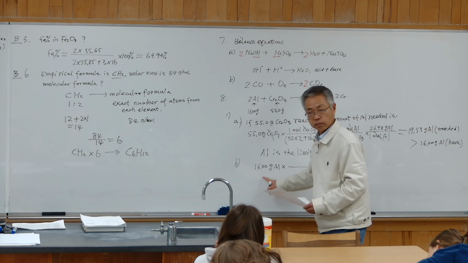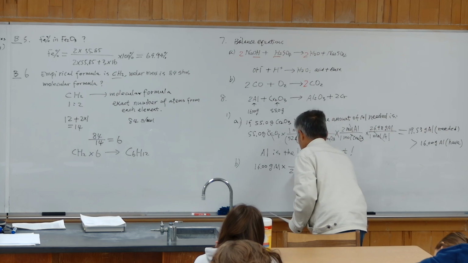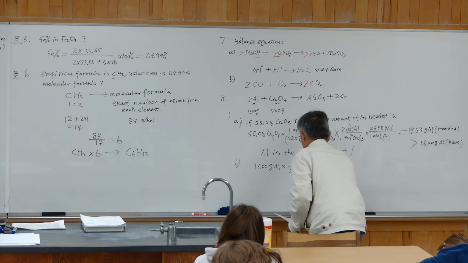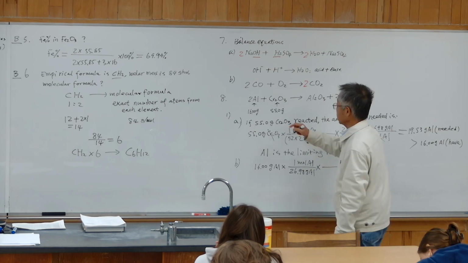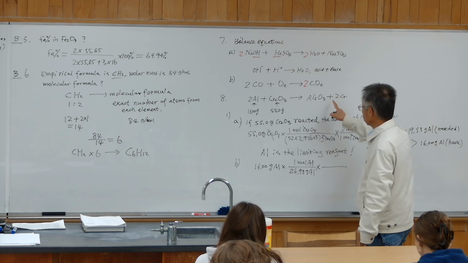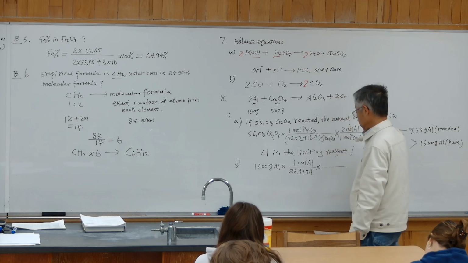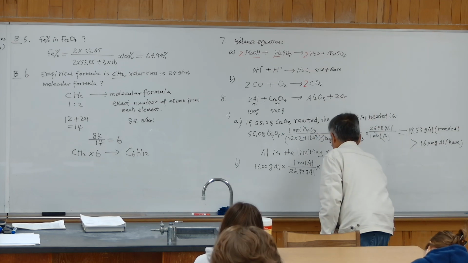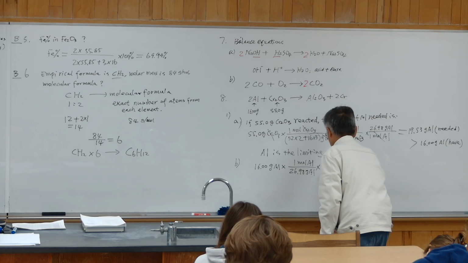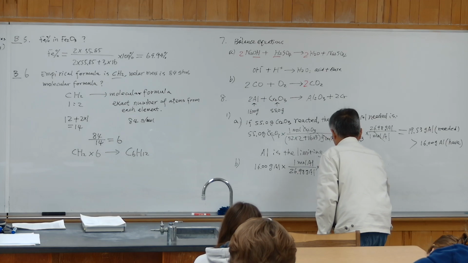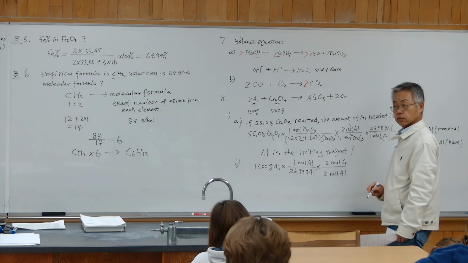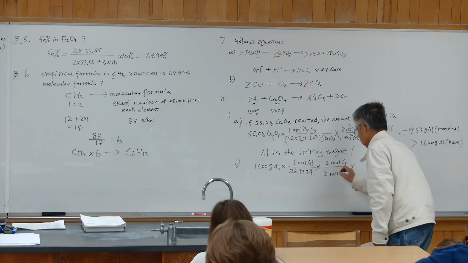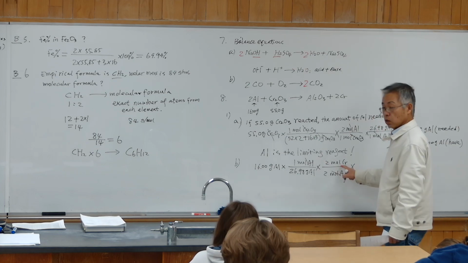Mass divided by molar mass. Now use the balanced equation. Every 2 moles aluminum produce 2 moles chromium. Chromium is what we want, so it must be on top. So up to here, we get moles of chromium.